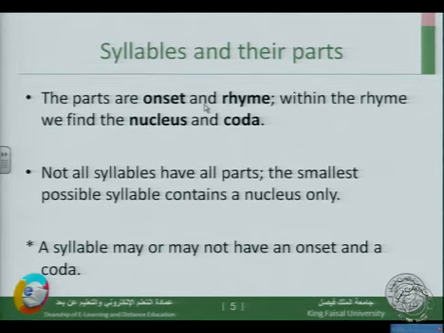So we have a few rules that I want you to stick with before we explain the meanings. All syllables should at least contain a nucleus. The smallest one should have a nucleus, but a syllable may or may not have an onset and a coda.